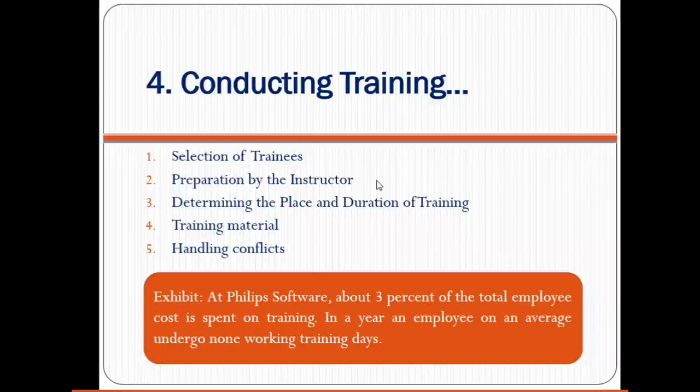But the core idea at this level is that the instructor must prepare himself or herself with the knowledge about the job for which he is going to conduct the training. He shall also encourage active involvement and shall also encourage questions from the trainees so that a better understanding could be created. Clear with this also?